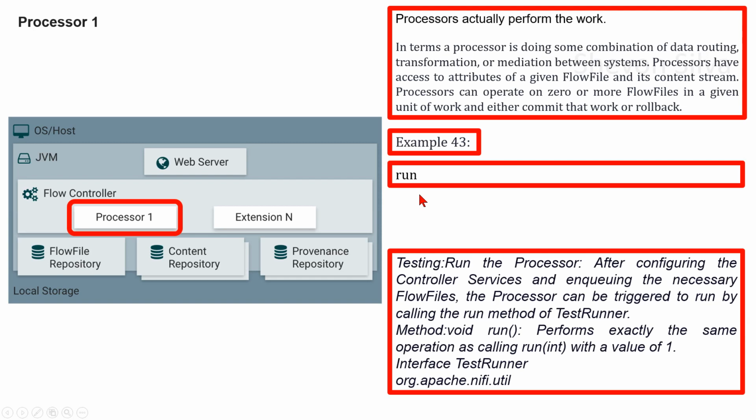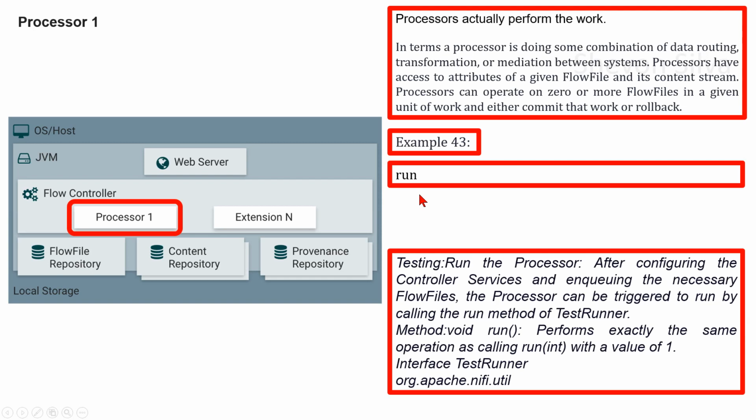If it is desirable to run several iterations of the onTrigger method before the @OnUnscheduled and @OnStopped lifecycle events are triggered, the run int method can be used to specify how many iterations of onTrigger should be called.